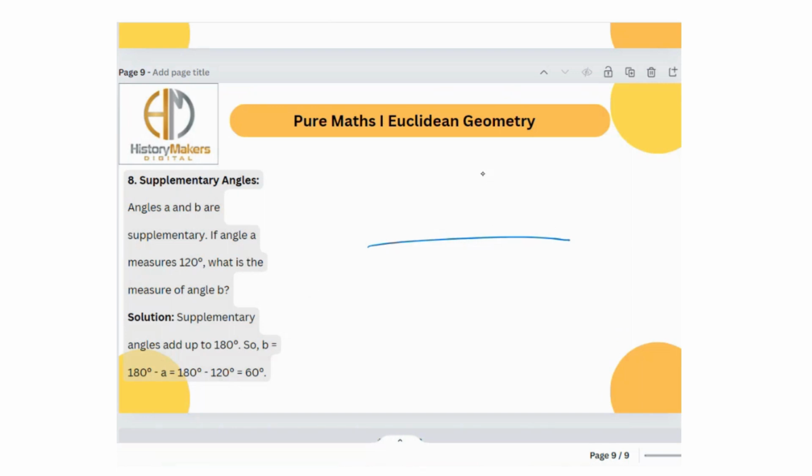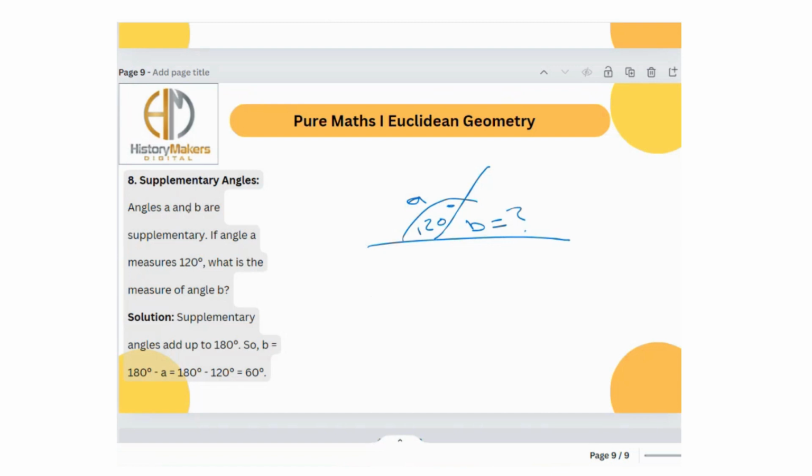Now let's demonstrate that with angles. And then they say it's 120 degrees, and that is your angle A. And then they're asking for you to get angle B.